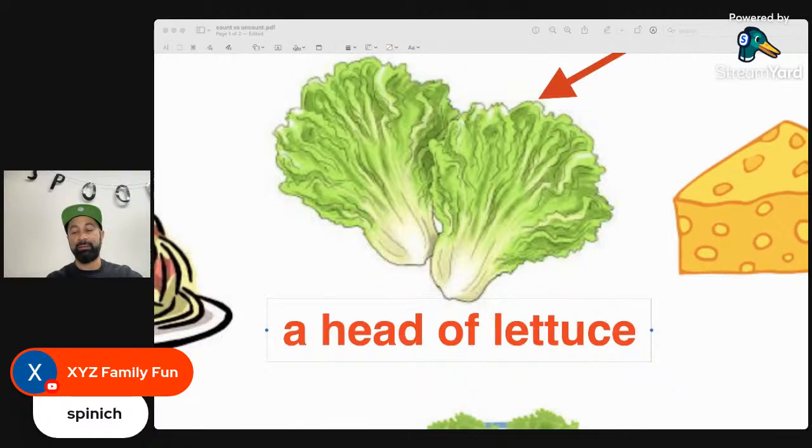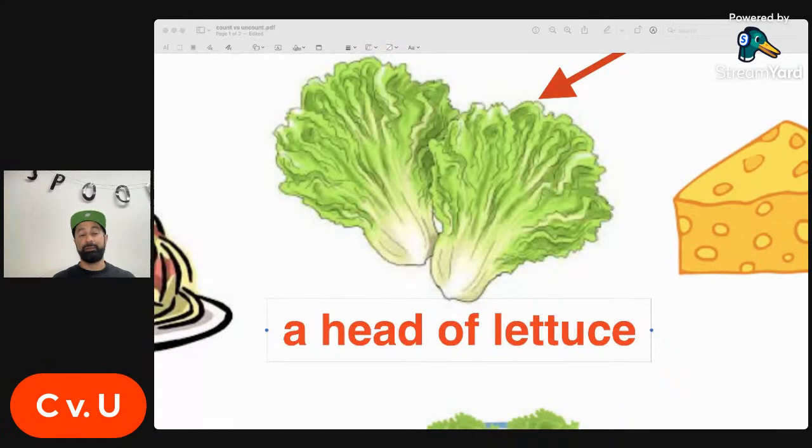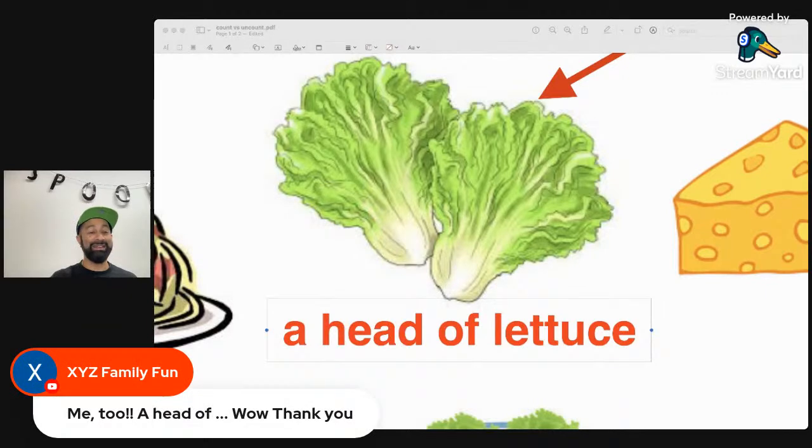I'll put that in the chat box here so you can see that spinach is with ACH. Yes, spinach has many leaves. It's a leafy vegetable. That's uncountable. XYZ, yes, you're very welcome.